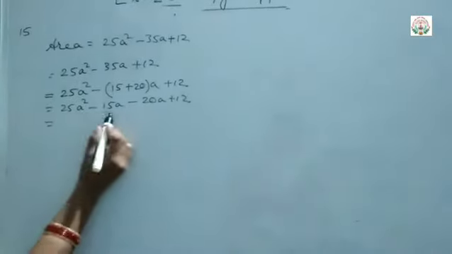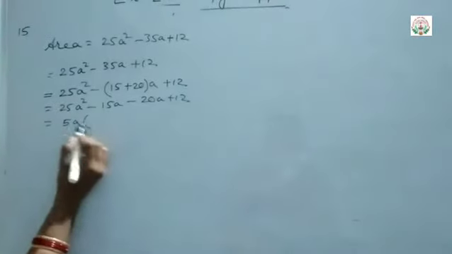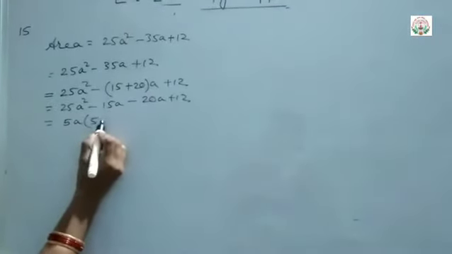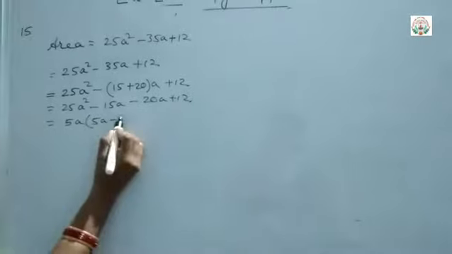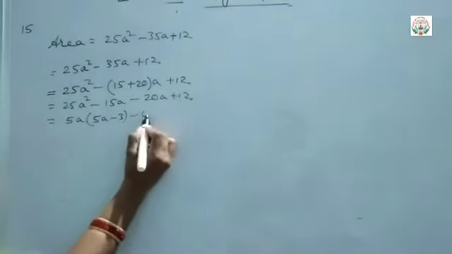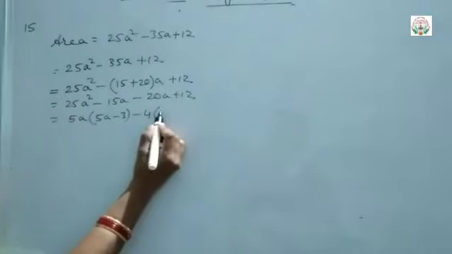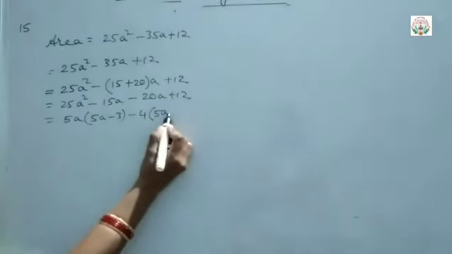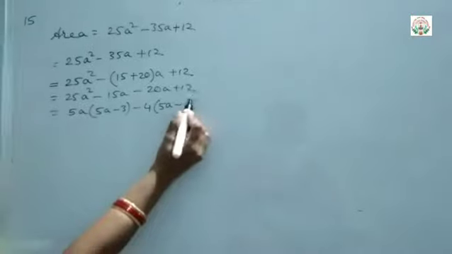Now what is common here? 5 and then a. What is left out here? 5a, then here 3. Same way here what is common? 4. 4 fives are 20, minus here 3.